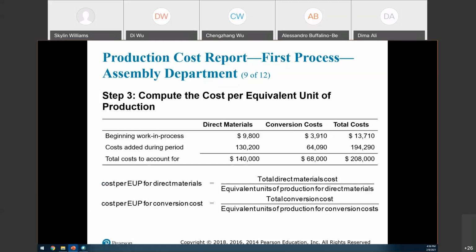Well, to calculate the cost per equivalent unit of production, we simply divide total cost by EUPs, the units of EUPs. And calculations are required for both direct materials and conversion cost.